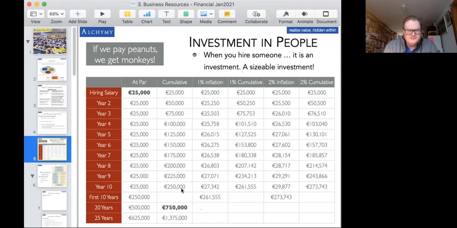For 10, right? Now, obviously, not everybody stays the same length of time. Not everybody's paid the same amount of money. But it is a sizable commitment that we're looking to make, okay? A sizable commitment, right? So that's what we're investing in our people.